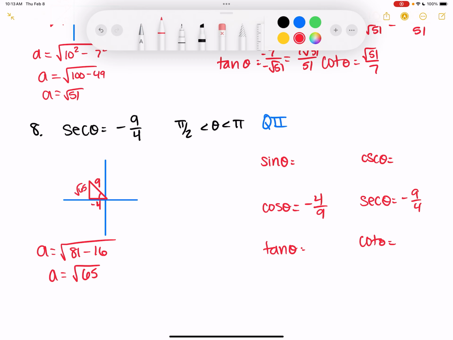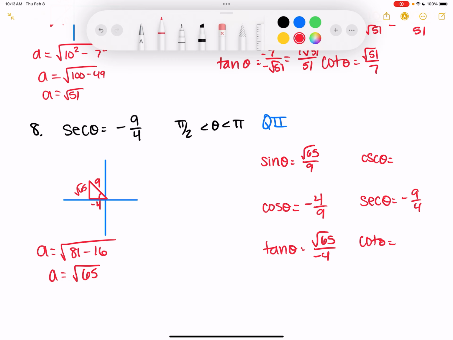So what is sine? Yep, root 65 over 9. Tangent? Yep, root 65 over negative 4.